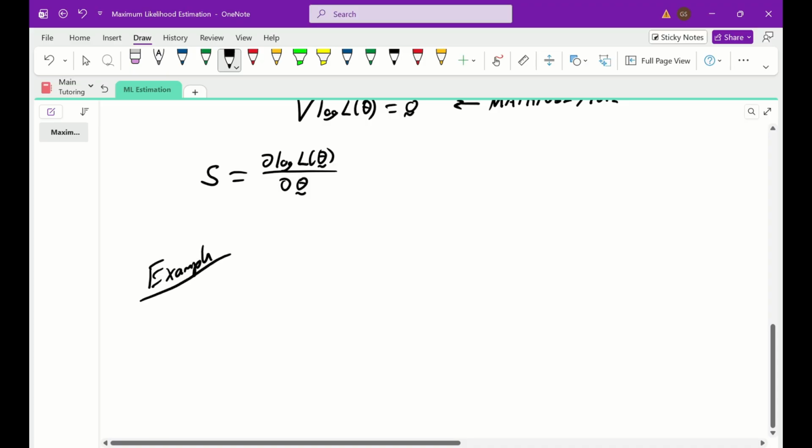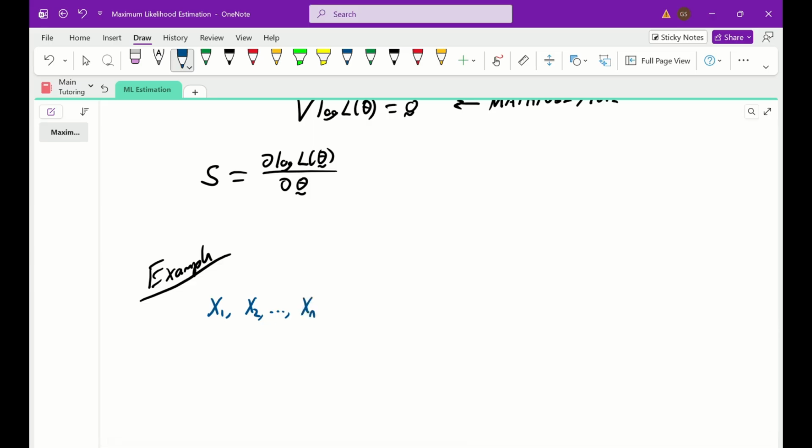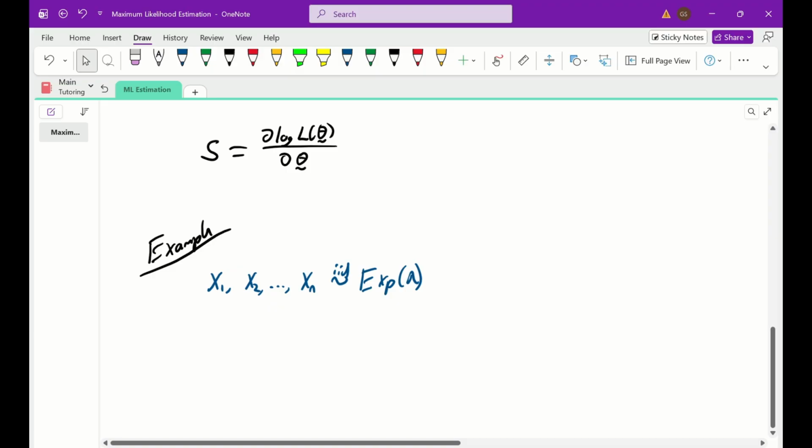So here we're supposing we've got data from an exponential distribution. So we've got x1, x2, up to xn. We've got n samples that are IID, independent and identically distributed, from an exponential distribution parameterized by lambda. Okay, and recall what the probability density function is for an exponential distribution.